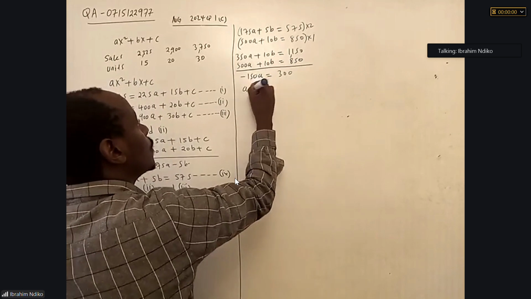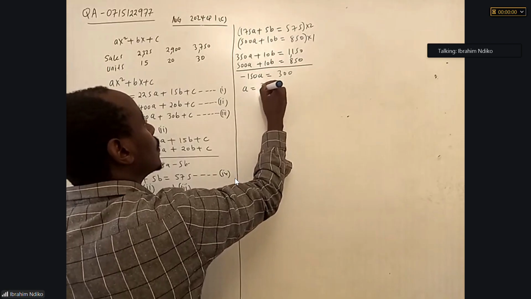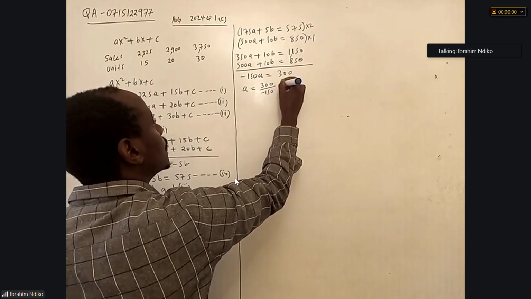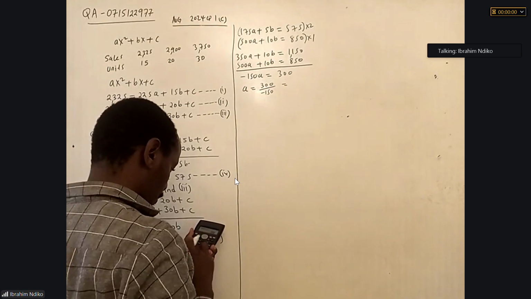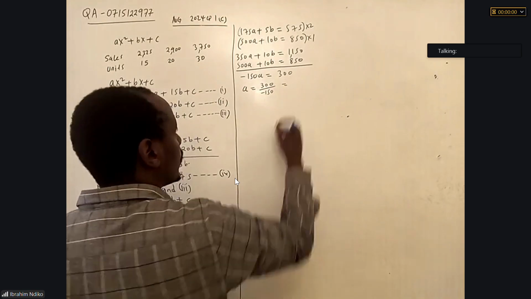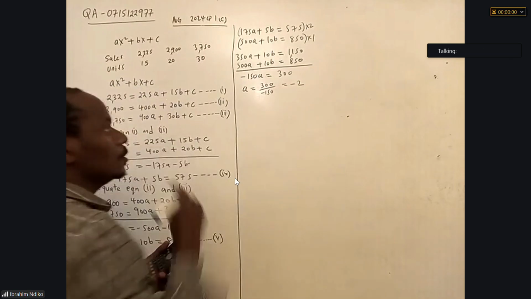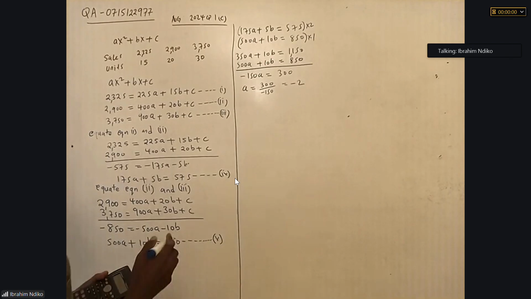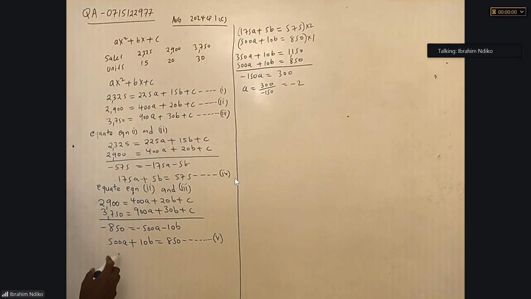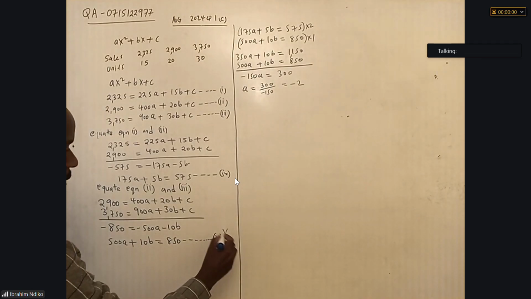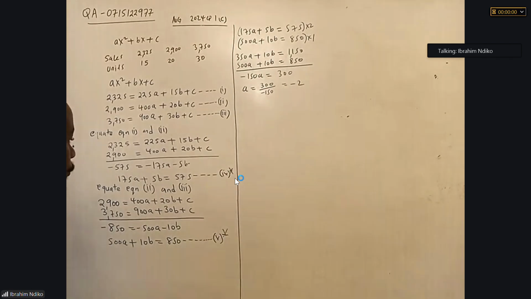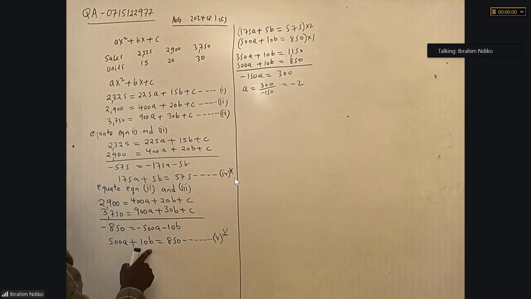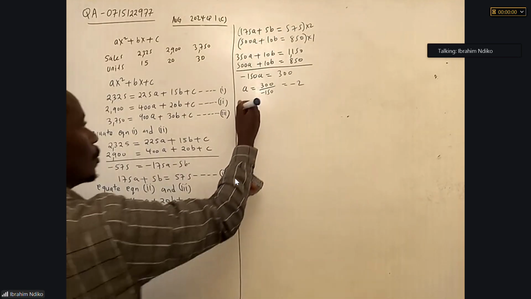So a is 300 divided by minus 150, which is minus 2. So we have found the first item. Now, using our equation, either this or this, we find the value of b. So we use the first one.